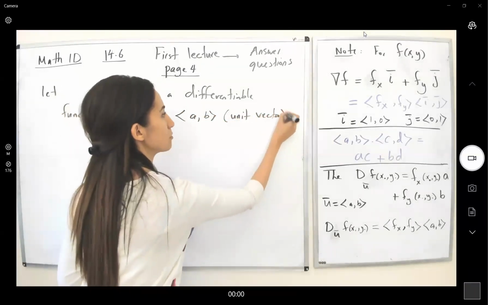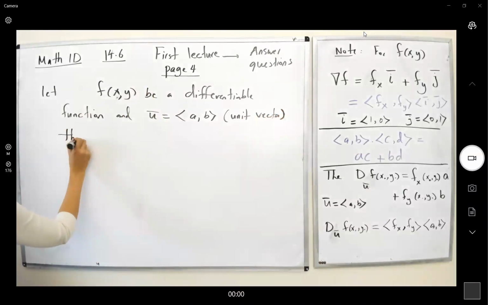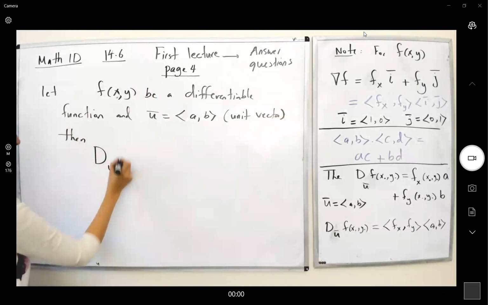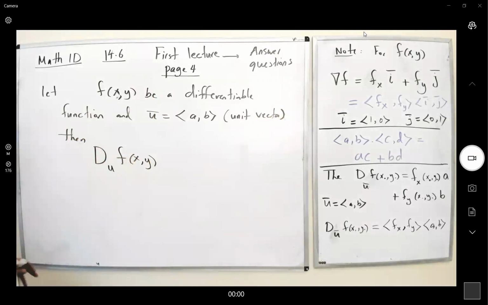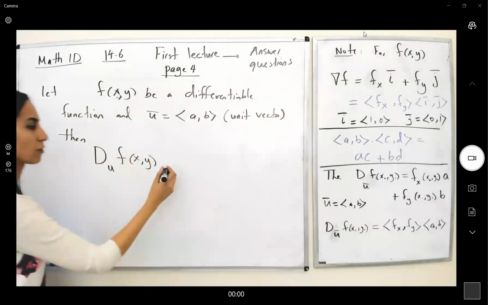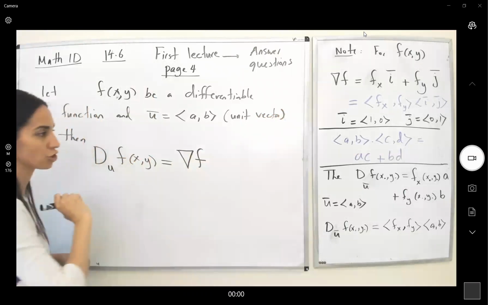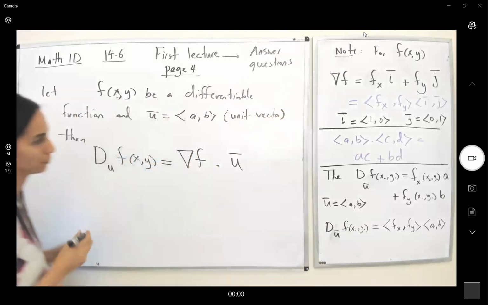Then we can write the directional derivative of function f of x and y as the gradient of the function dot vector u.